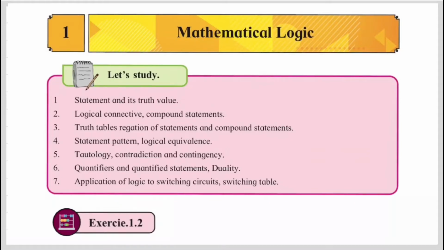Once you understand the concept of truth table, you will not forget it in your whole life and no need to prepare this topic repeatedly. Just revise it within 30 minutes before the exam and get 6 marks assuredly.